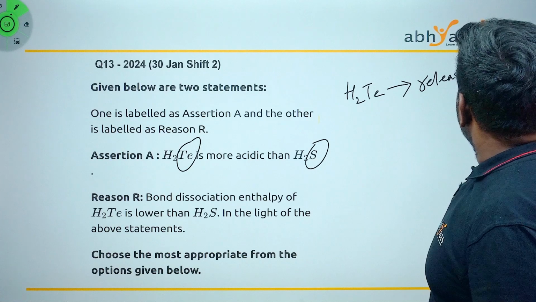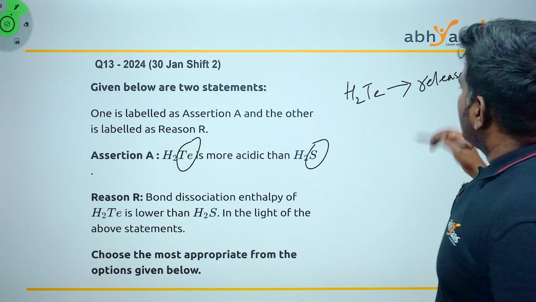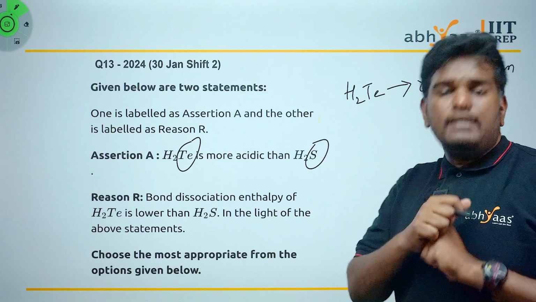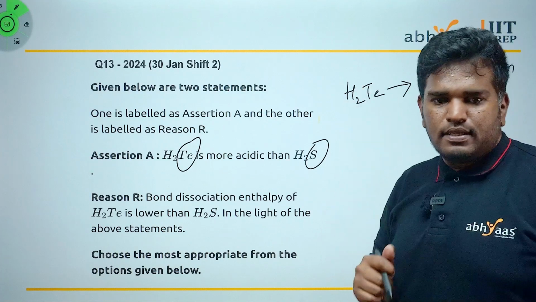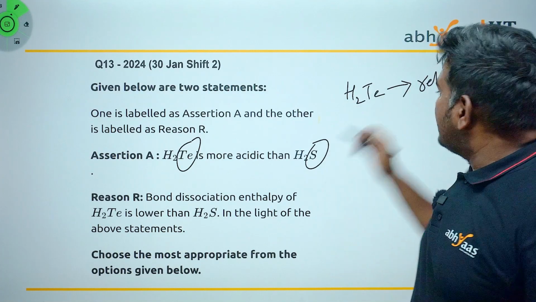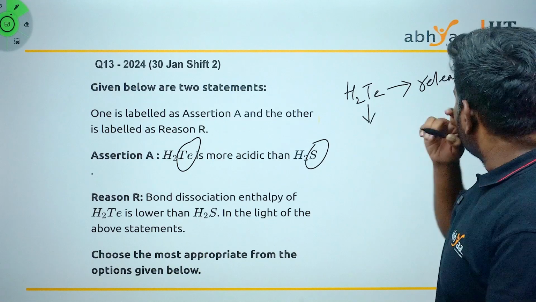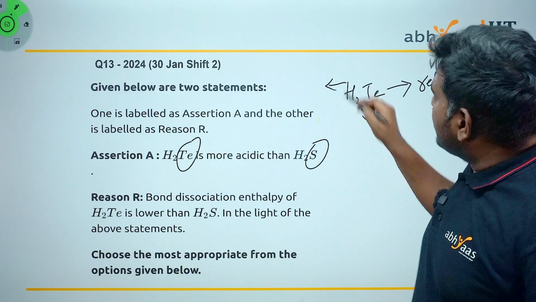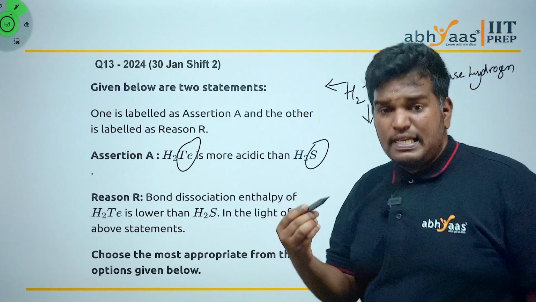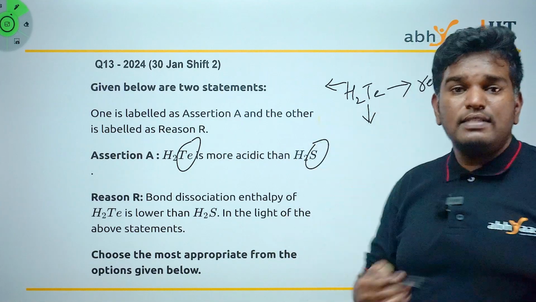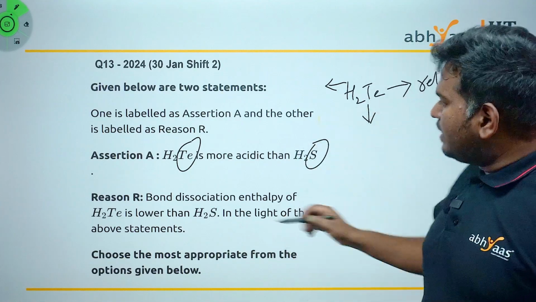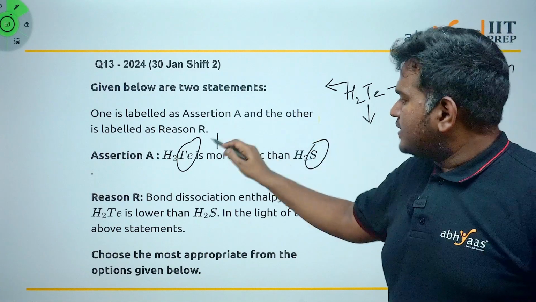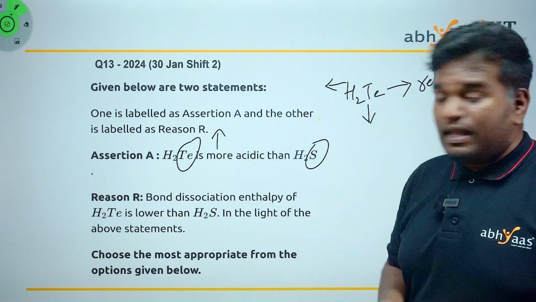The reason is that it can easily dissociate the bond because of the higher atomic radius, right? The force of attraction will be less in the case of H2Te, and because of that reason, hydrogen can be easily released. So if something is easily releasing hydrogen, we can call it more acidic. So definitely H2Te is more acidic than H2S. And what is the reason?